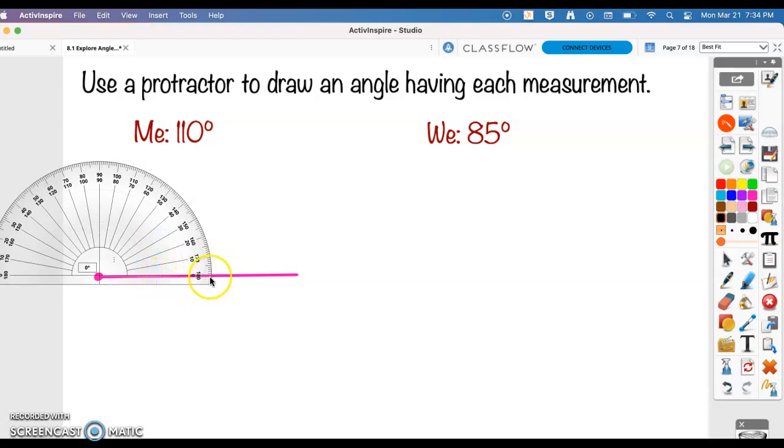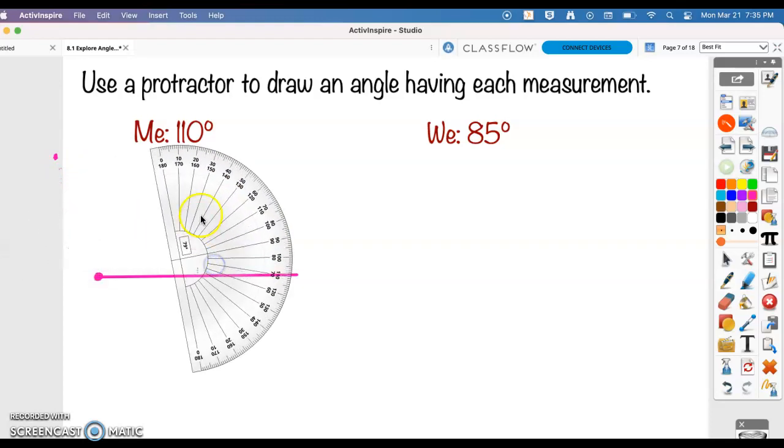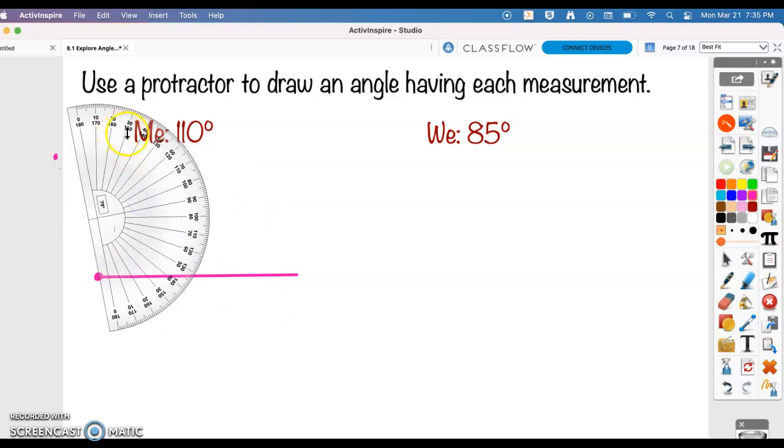So I'm at 0. Now I want to go to 110. So again, here's 0, 10, 20, 30, 40, 50, 60, 70, 90, 110 is right here. Okay, it's going to be a larger angle. So I'm going to put a little dot right here at 110. And then I will take my protractor, rotate it, and use it just like a ruler.